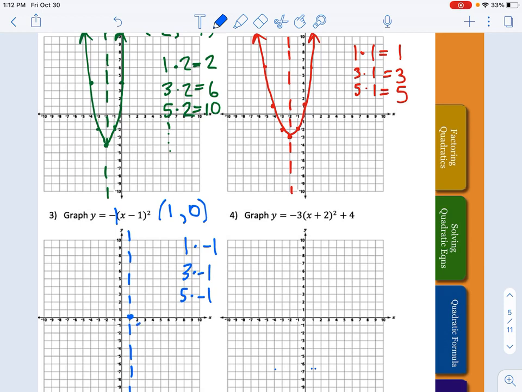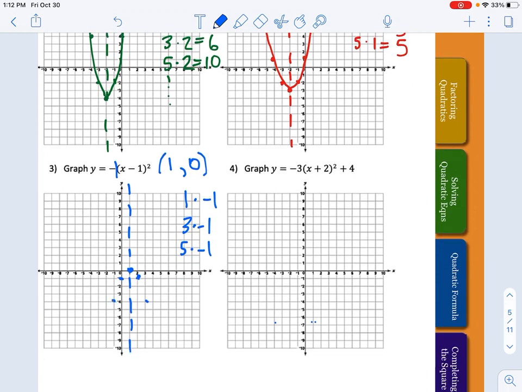So I go over 1, down 1, over 1 from the new points, down 3. From the new points, go over 1 and down 5. And then draw in the graph.